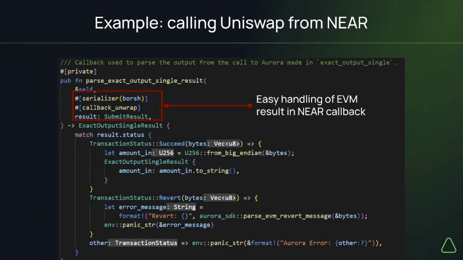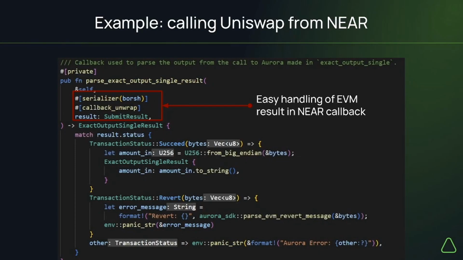And if we take a look at that callback function, again, Near SDK patterns are followed. We're saying, OK, the engine gives back its result using Borsh, so we'll define that as the serializer. And this is, in fact, a callback, but we can still write it in this really nice, still Rusty style because of the magic of Near SDK.